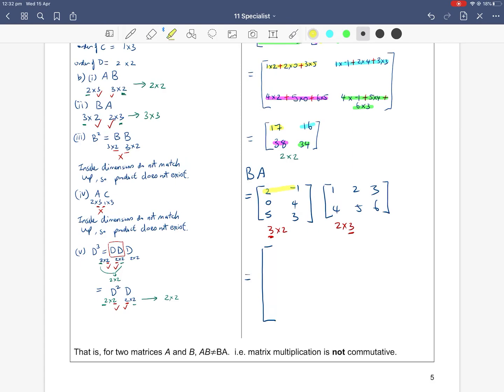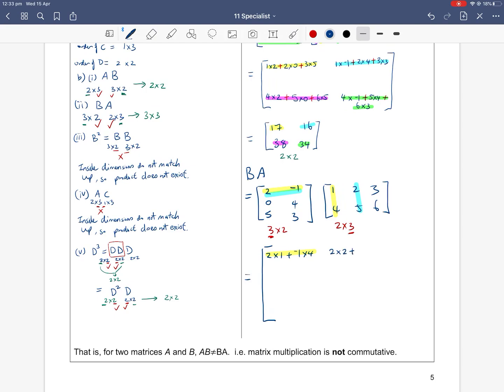Okay, so row 1, column 1 gives me entry 1, 1, right? So row 1, column 1 is 2 by 1 plus negative 1 times 4. If we did row 1, column 2, we would get entry row 1, column 2.